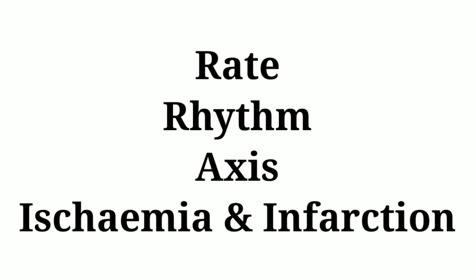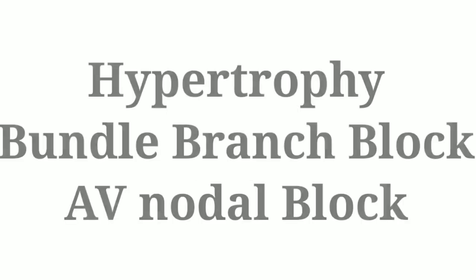First of all, we'll check the rate, then rhythm, then axis, then ischemia or infarction, then hypertrophies, then bundle branch blocks, and lastly heart blocks or the AV nodal blocks. There are some miscellaneous things which I'll talk about in other videos.